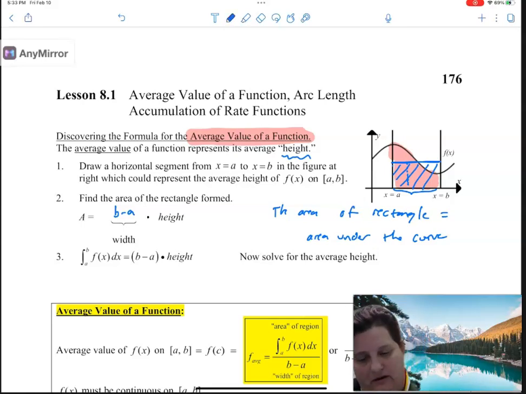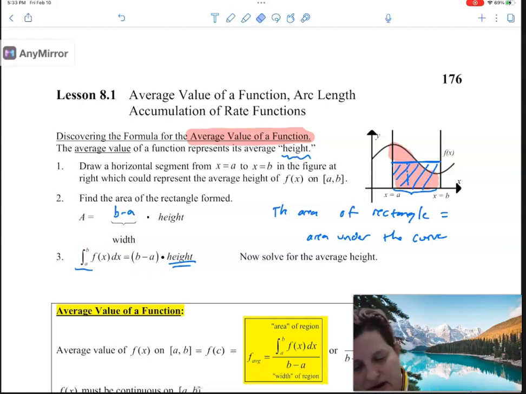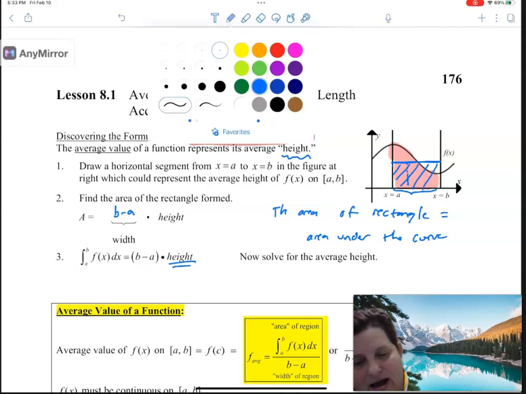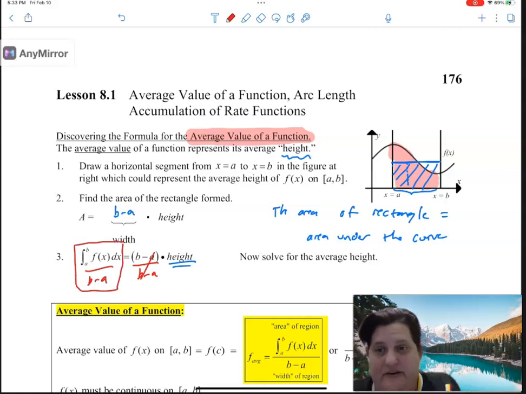So now that we know that the area under the curve, which is the integral from A to B, is the width times the height, okay? And now solve for the average height. Well, all I would do to solve this is get height by itself. I would divide by B minus A. That's my average height, or my average value right there. Okay?